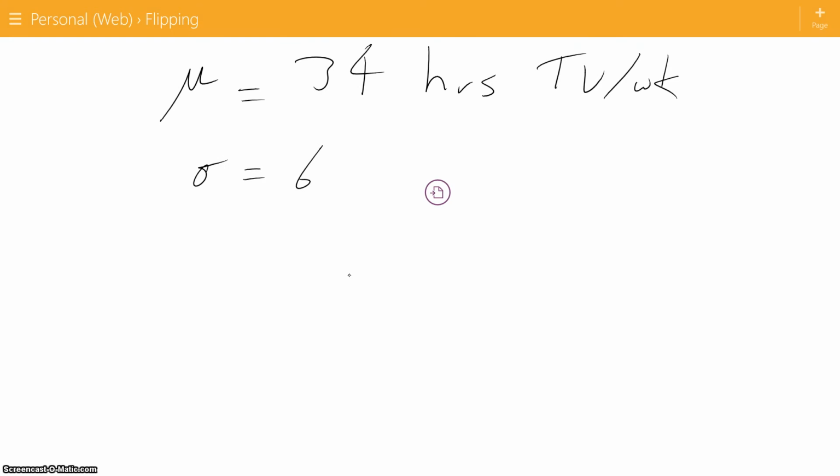Now that we've got our mu and our sigma, all we need left is our x. I'm going to estimate that I watch about 24 hours per week. I just don't have enough time for TV, which could be a good or bad thing, I suppose. But 24 hours per week is my x, the thing that I really want to know about.